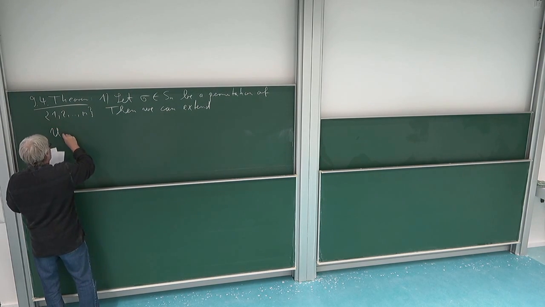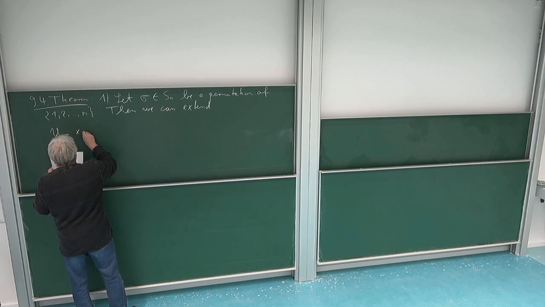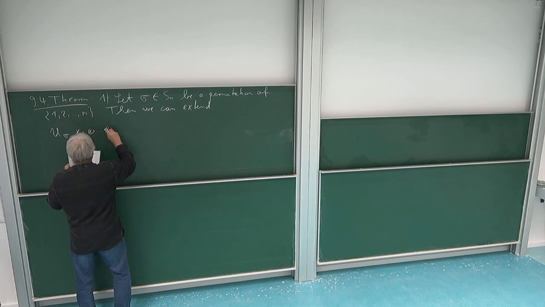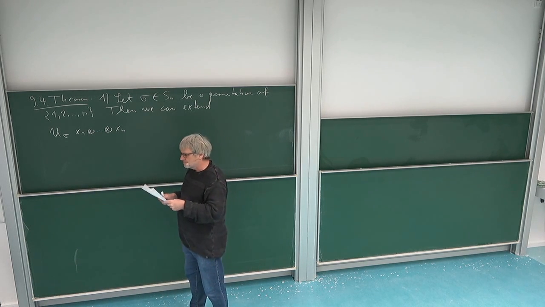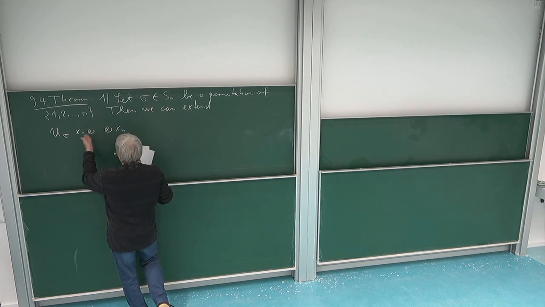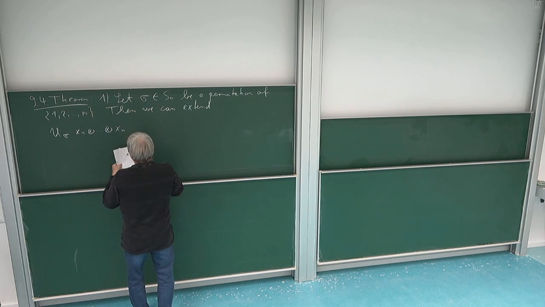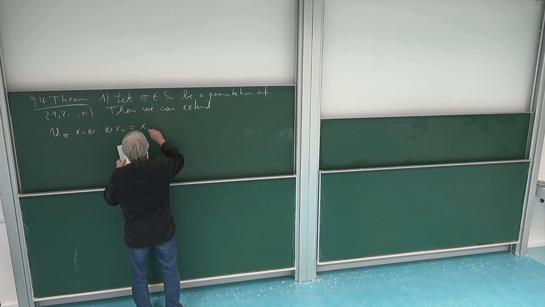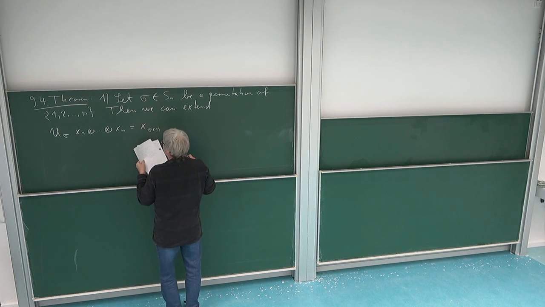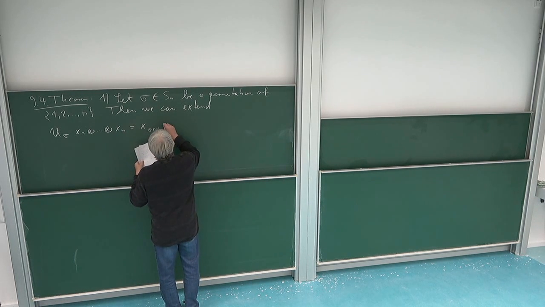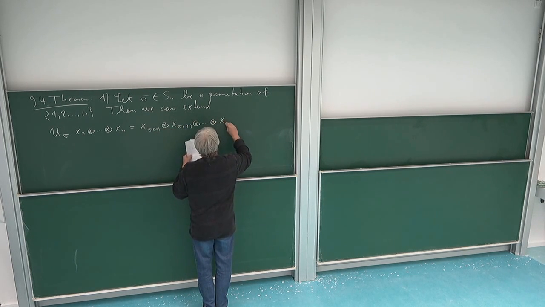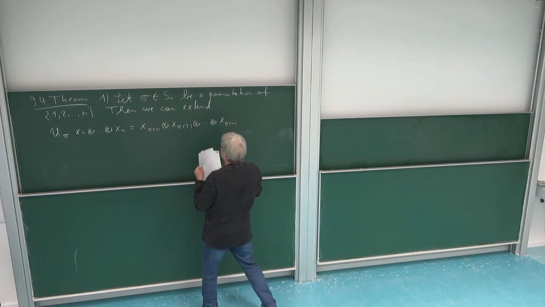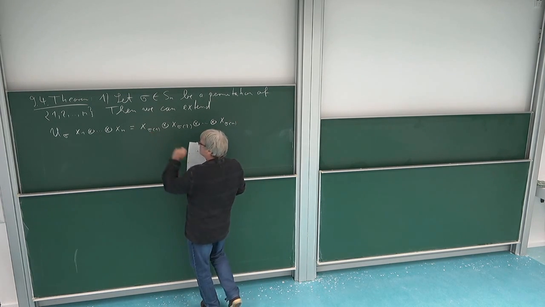So I want to define an operator which I call U sigma, and if I act with it on x1 tensor up to xn, I'm just exchanging the factors according to sigma: I take x sigma 1, x sigma 2, up to x sigma n. So I'm actually exchanging the indices of my tensors.